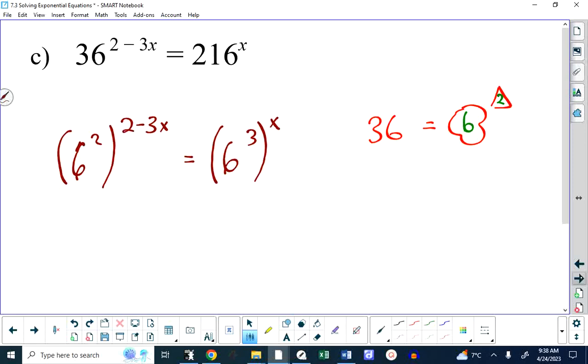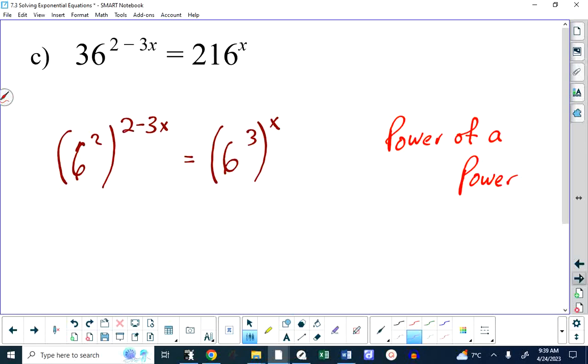And that set of brackets is important. These are each what we call, I don't like what it's called, but it's what we always call it, a power of a power.